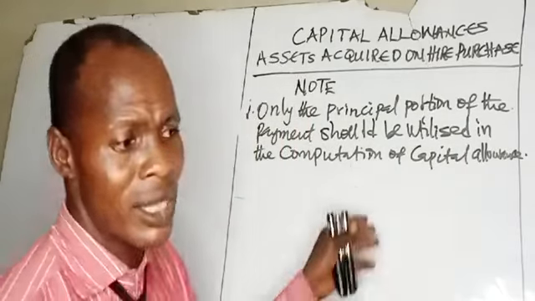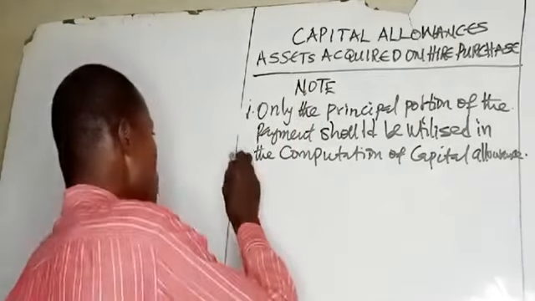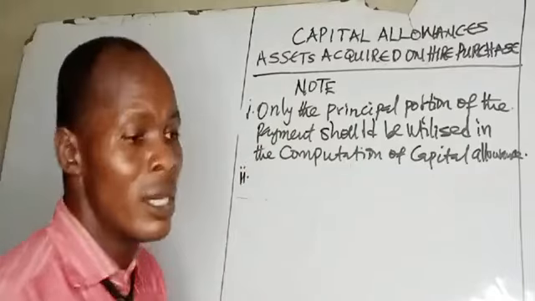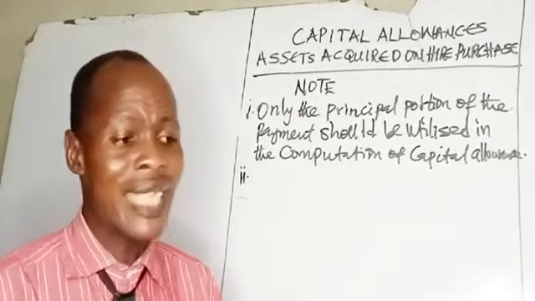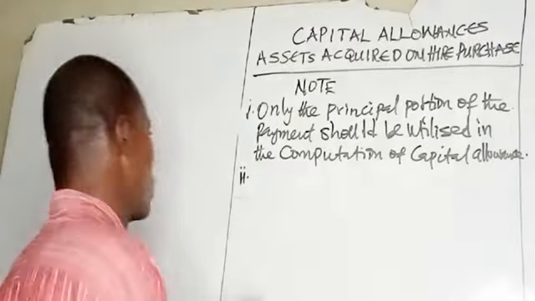Number 2: the hire purchase interest should be treated as an allowable expense for tax purpose.